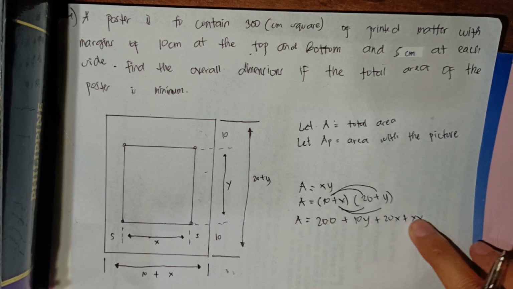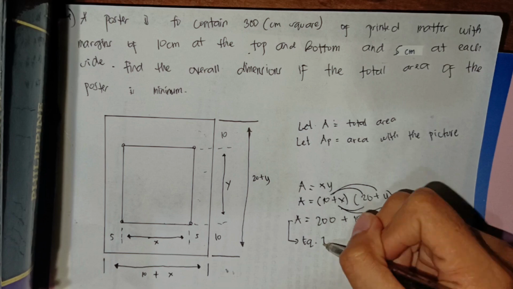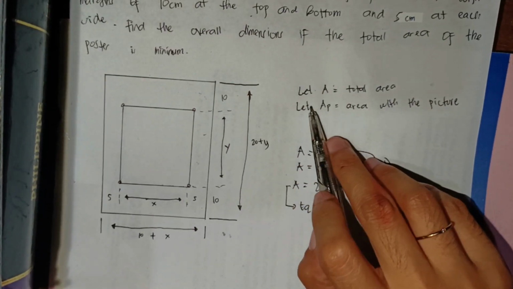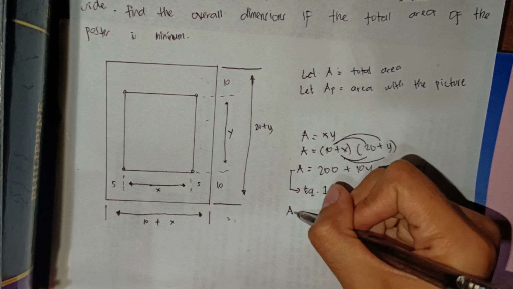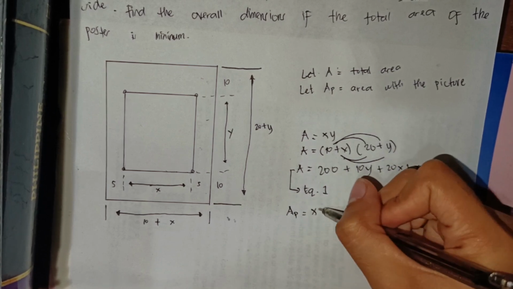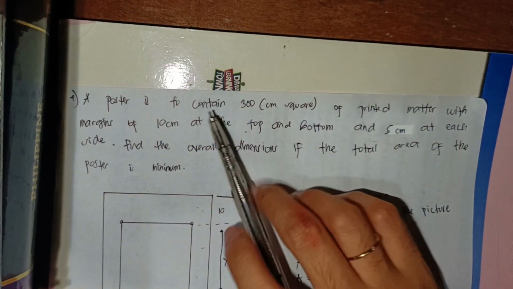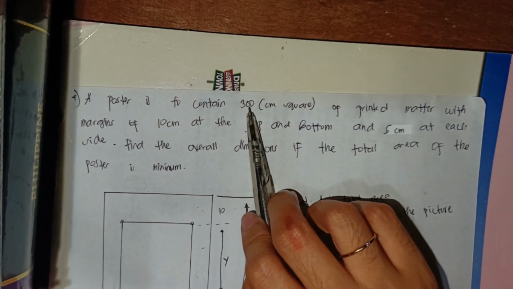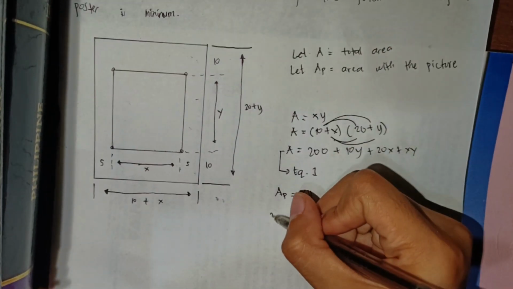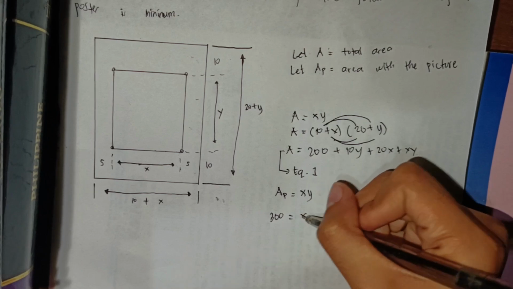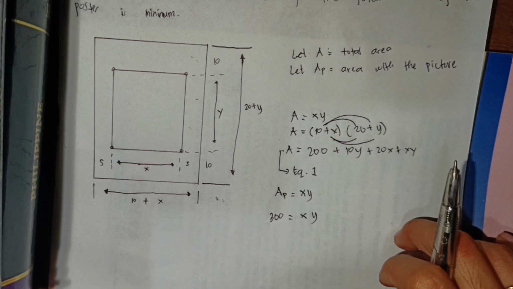So this is our equation number 1. Next is AP, which is the area with the picture. AP is again x times y. The poster is to contain 300 of printed matter, the area with the picture, so 300 equals xy.